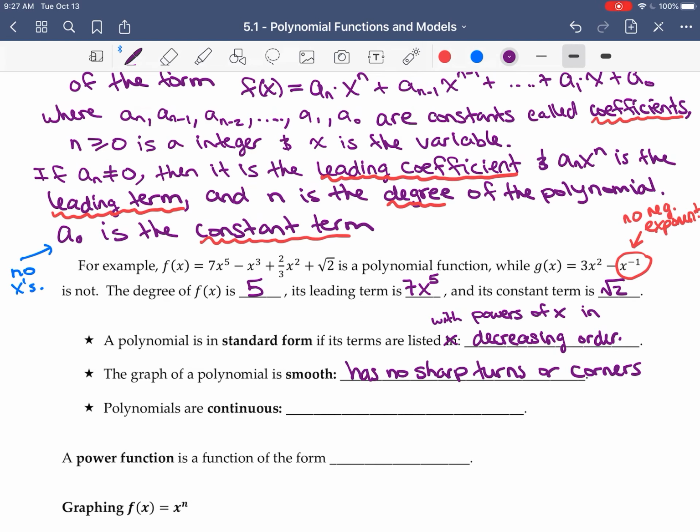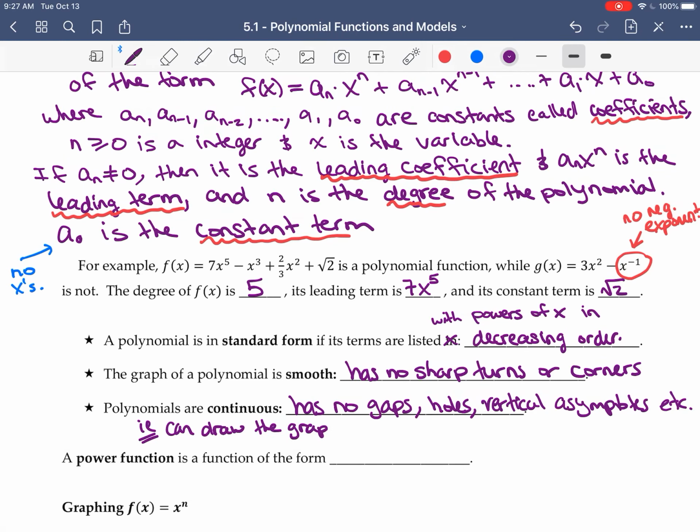And they're continuous, so that means that they have no gaps, holes, asymptotes, maybe I should write vertical asymptotes to be clear, etc. So you can think of continuous as meaning you can draw the graph without lifting your pen, or pencil, depending on what you're using.